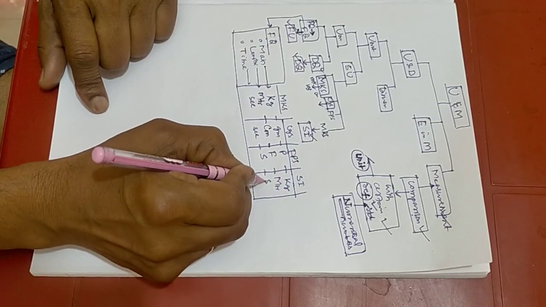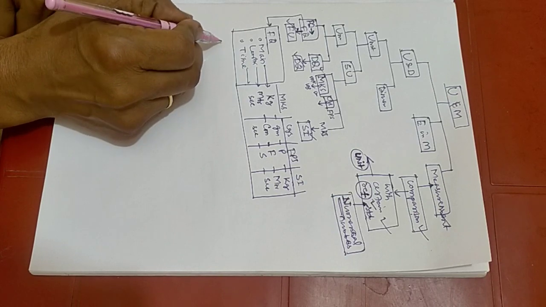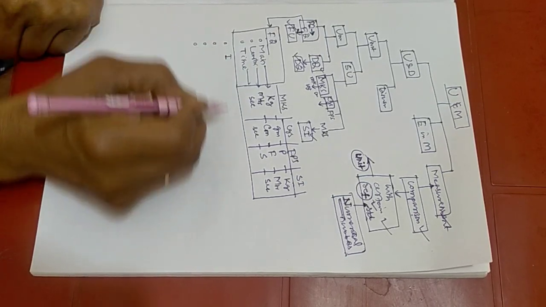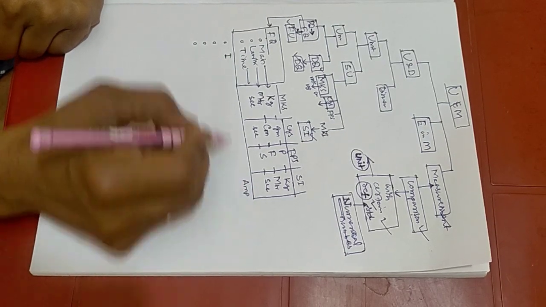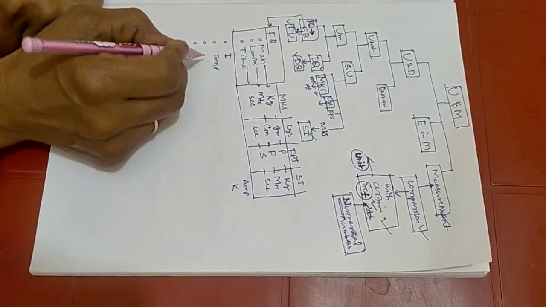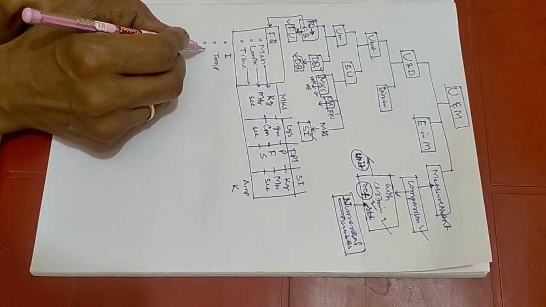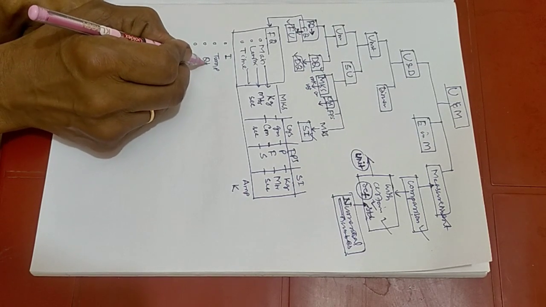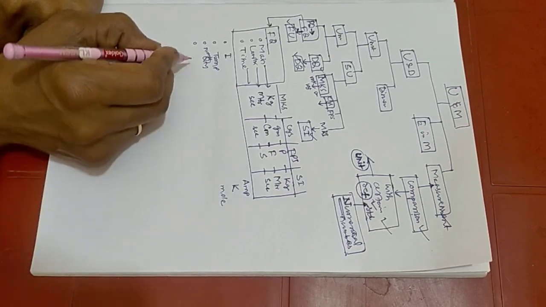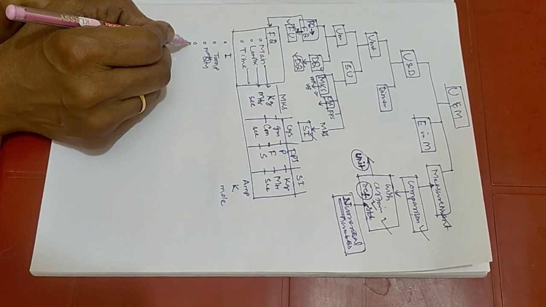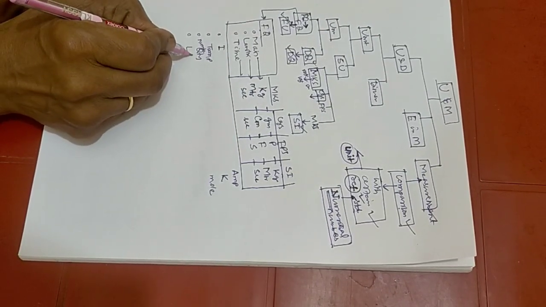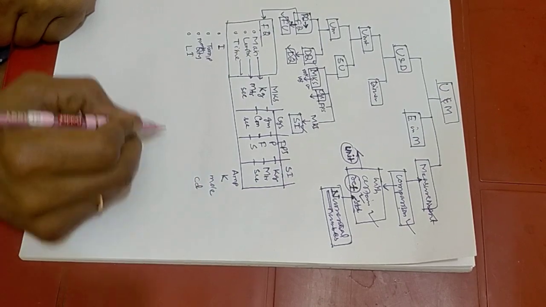kilogram, and second. Along with that, we will have four other fundamental quantities: electric current, unit is ampere; temperature, unit is Kelvin; and number of moles, it is mole; and luminous intensity, unit is Candela.